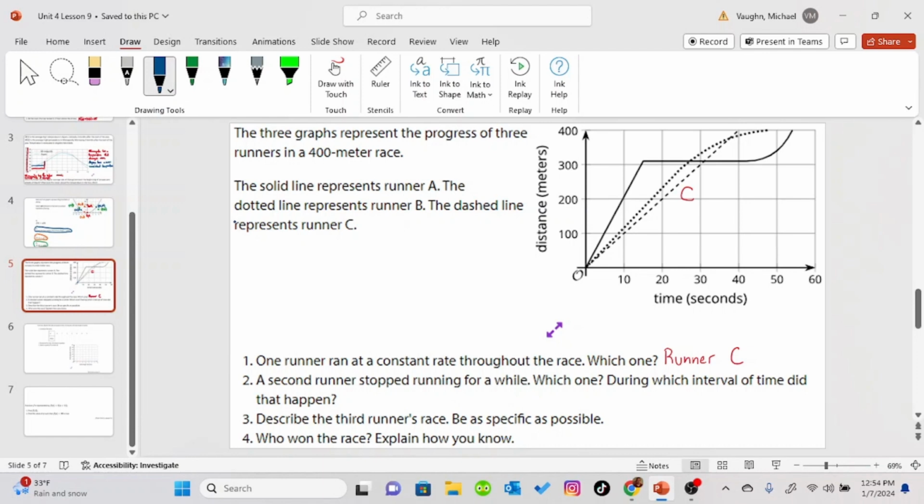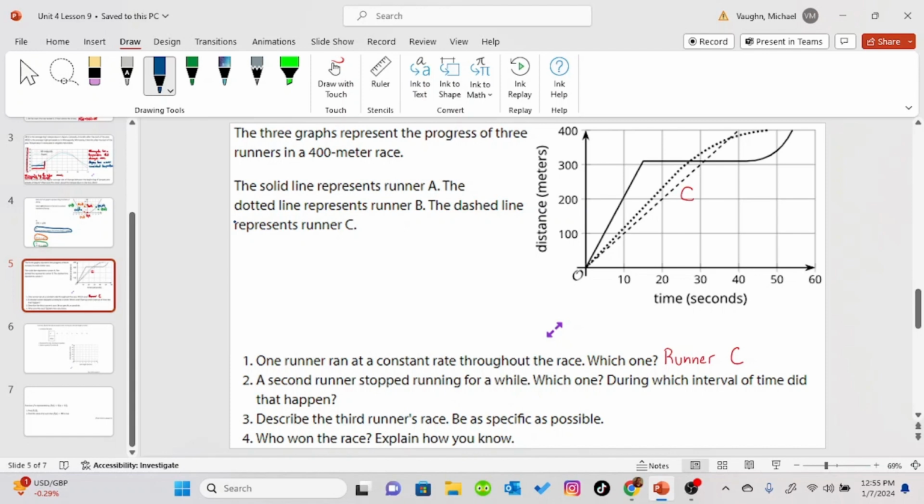A second runner stopped running for a while. Which one? If somebody stopped running, then their distance would flatten out because they're not getting any farther away. And we see that on the solid line.